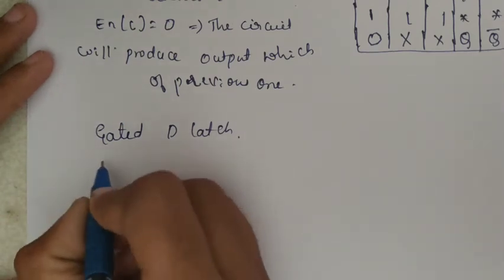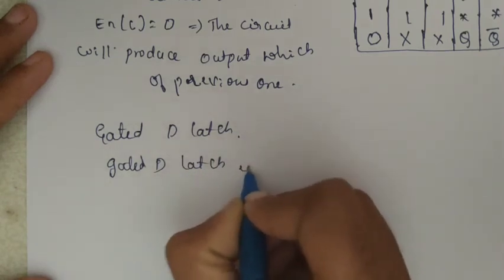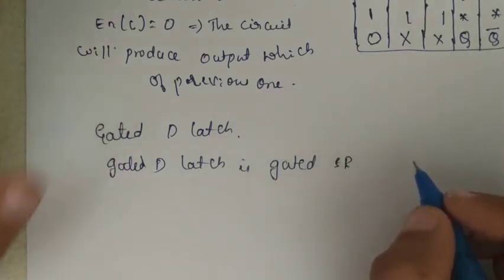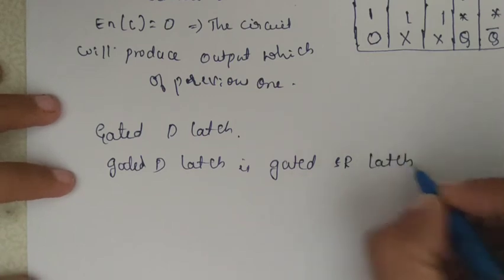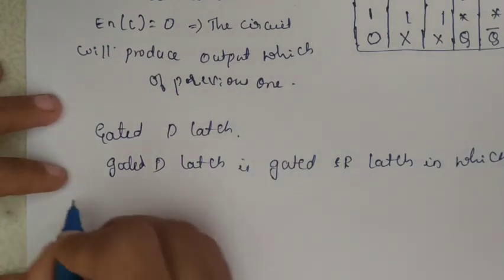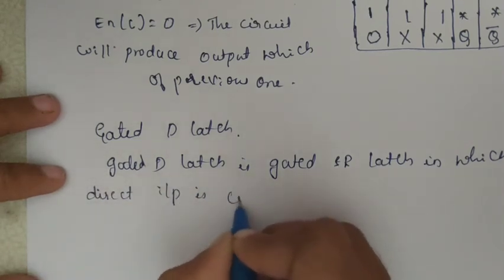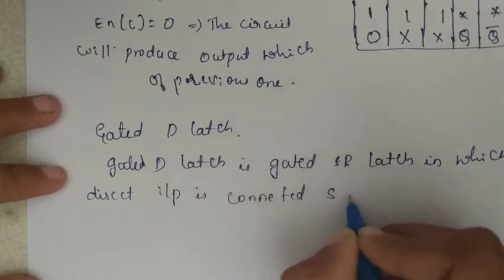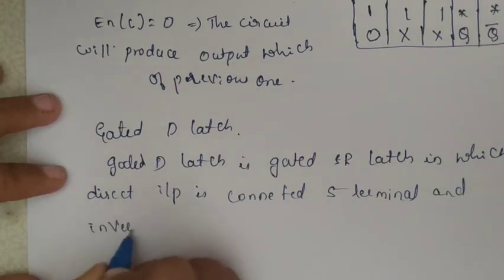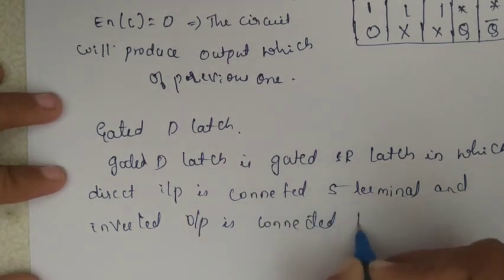The gated D latch is a gated SR latch. The same circuit will be there, but the only difference is that the direct input is connected to the S terminal and the inverted input is connected to the R terminal.